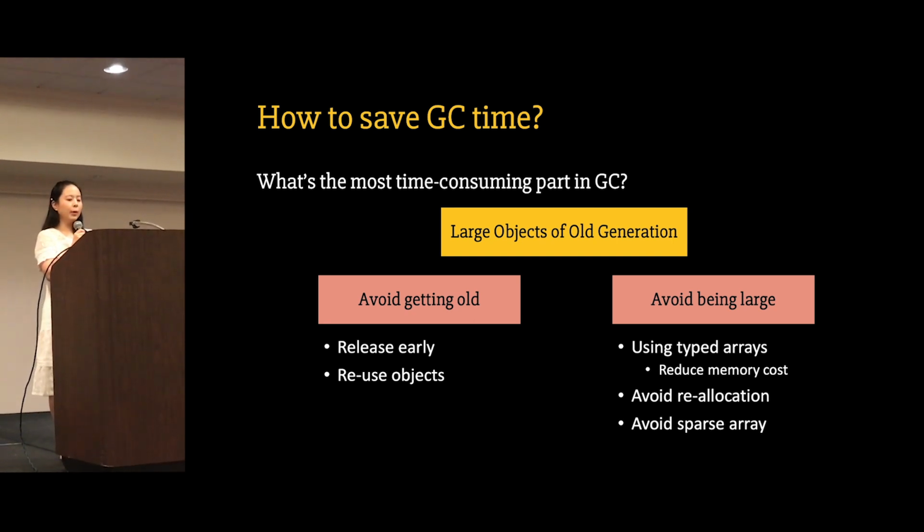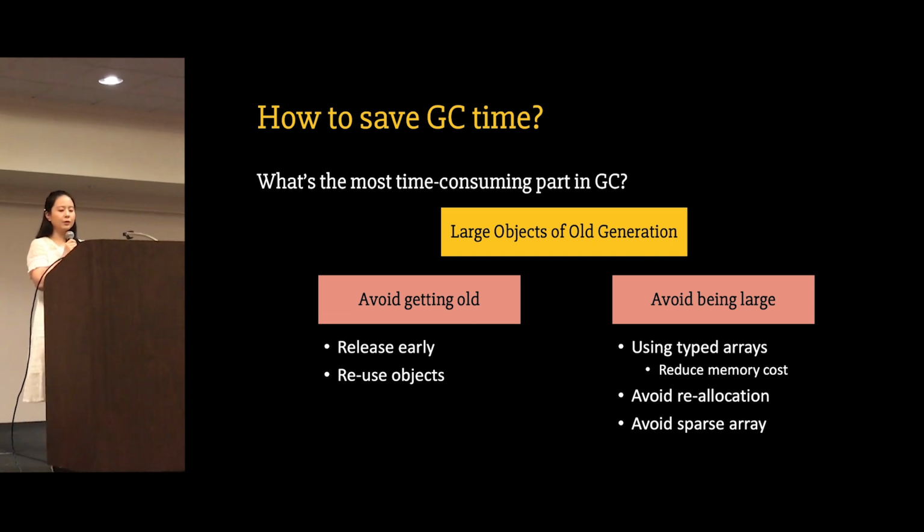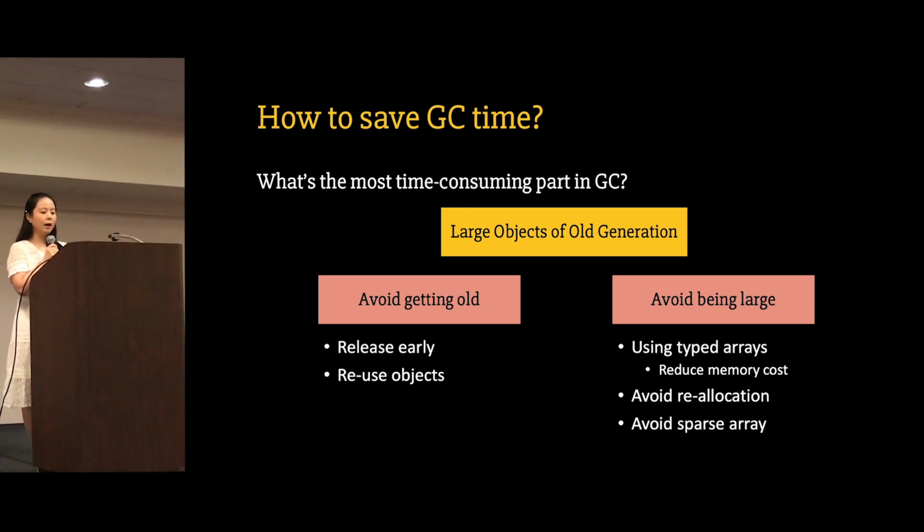So, to avoid them, we can either prevent them from getting old or avoid using large objects. To avoid them from getting old, we can release them early or reuse the older ones. To avoid them from being large, we can use typed arrays to reduce memory cost, avoid reallocation, and avoid sparse arrays.